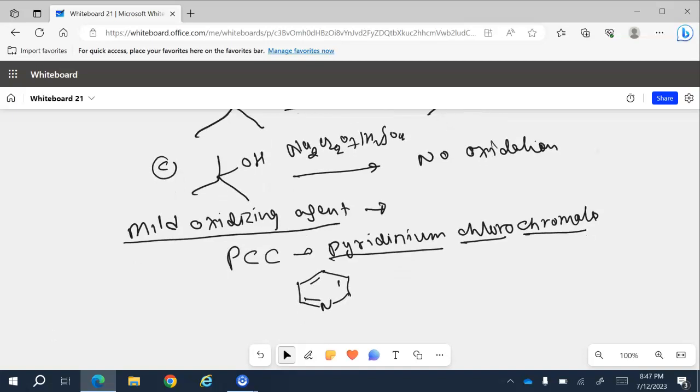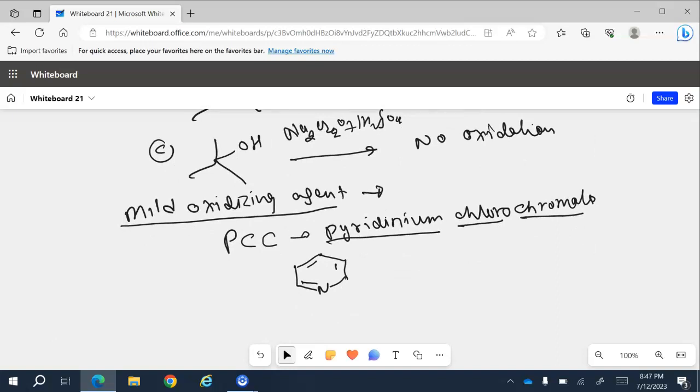This is called pyridine. And now pyridinium, that is when you have the nitrogen with the hydrogen. So this is your pyridinium, and that will have chromate and chloro. This is what we call pyridinium chlorochromate, or PCC. Pyridine, and whenever you have hydrogen, is called pyridinium, and chlorochromate, that is what we call PCC.